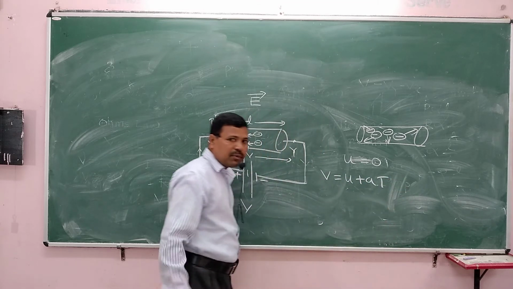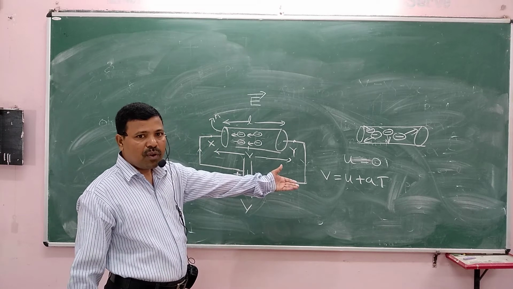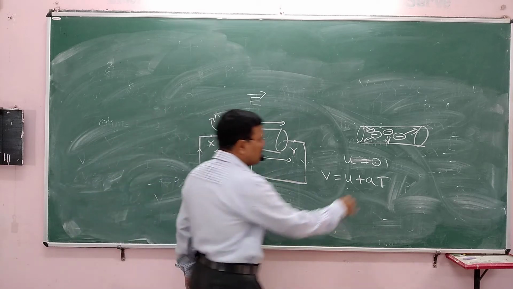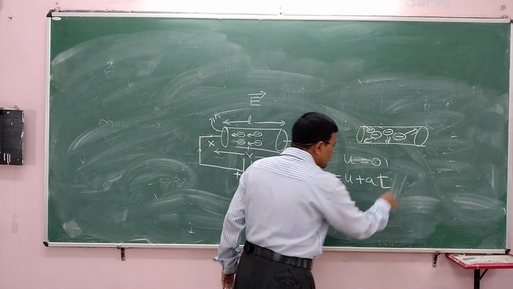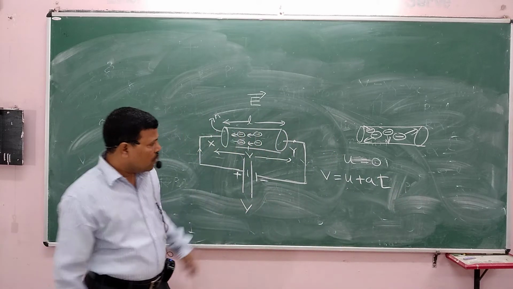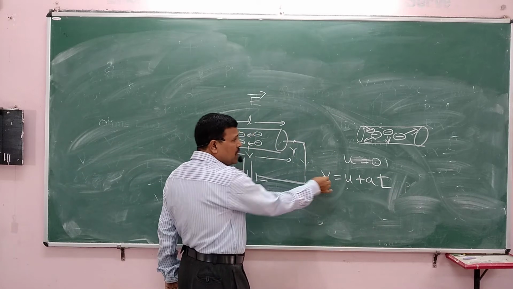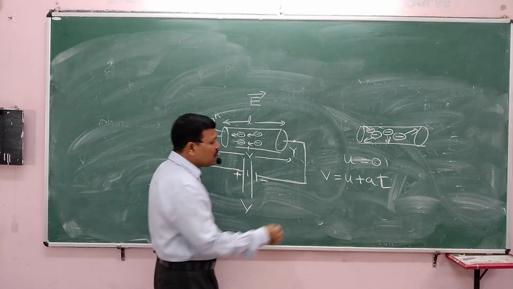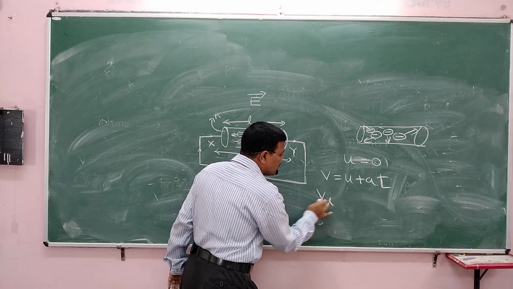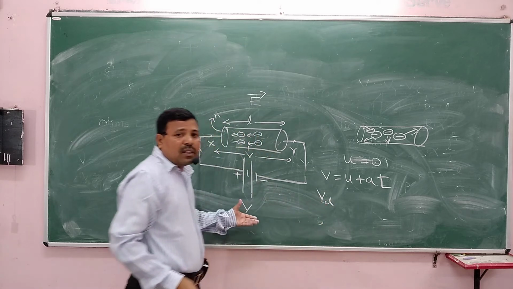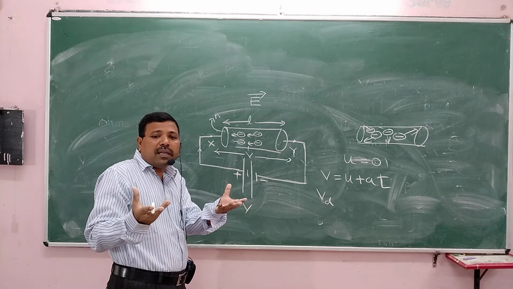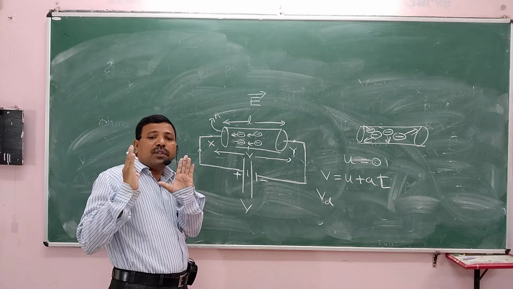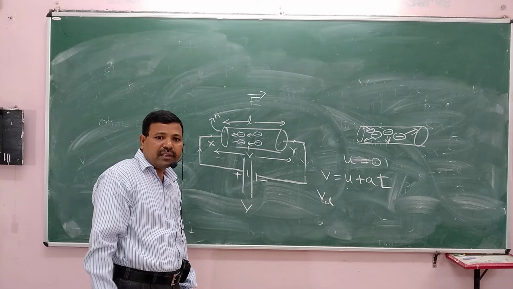That equation of motion is applicable here also. What is this v? The final velocity of the electrons. The final velocity of the electron is called drift velocity, that is the velocity acquired by the electron after the application of the electric field.